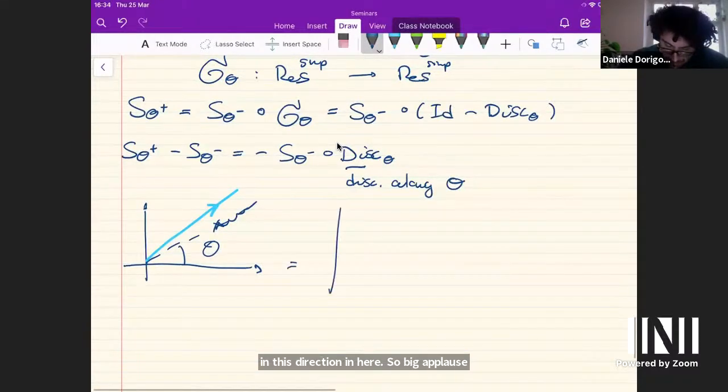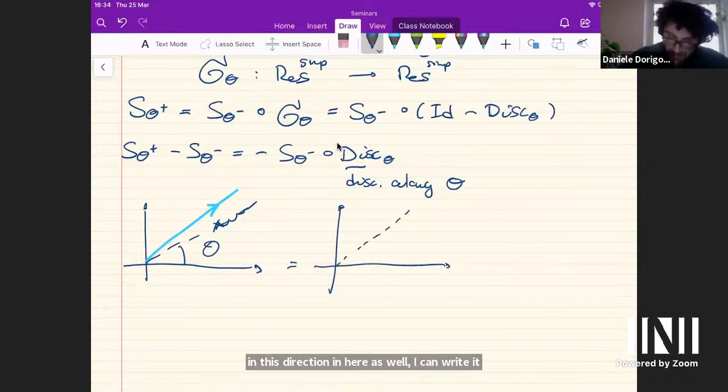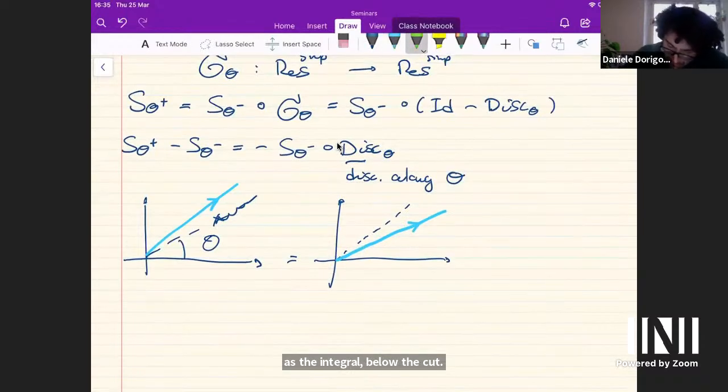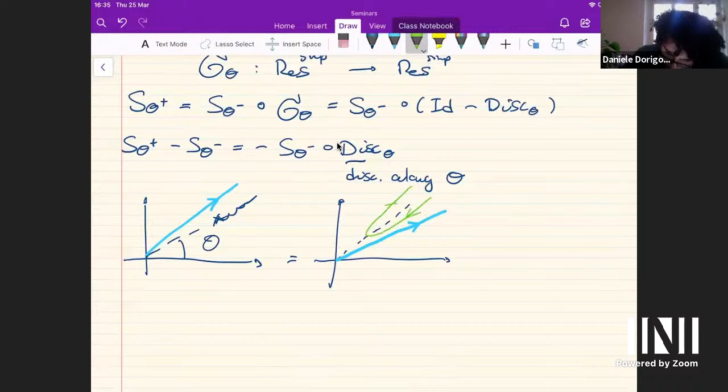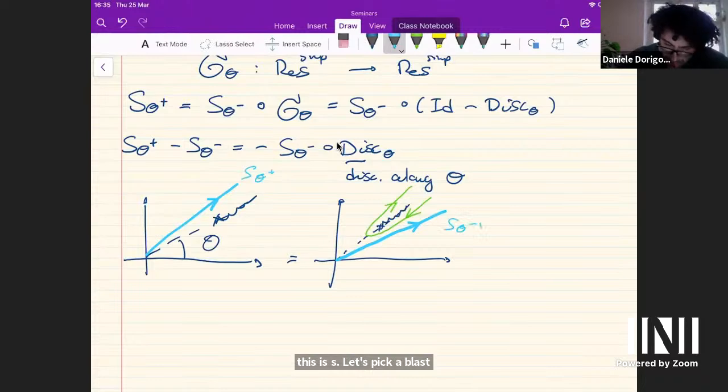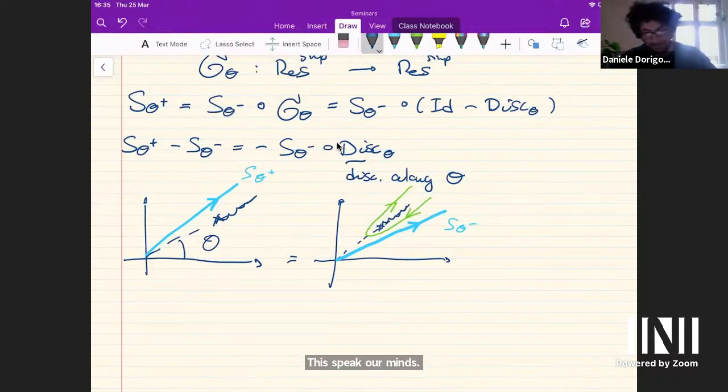Well, I can write it as the integral below the cut plus this other contour. So this is s of theta plus, this is s of theta minus. And this other contour is related to the Stokes automorphism.